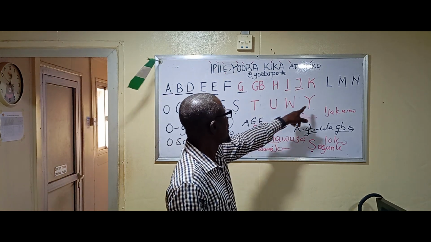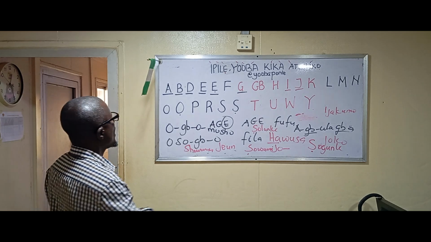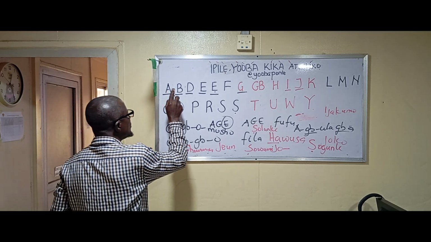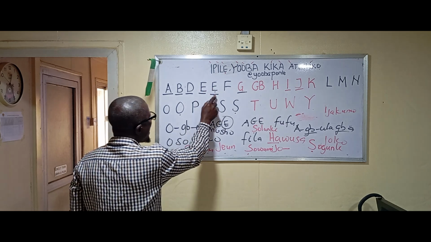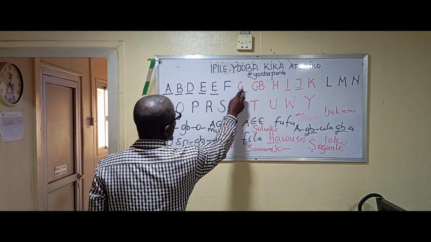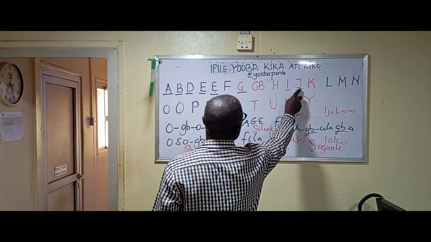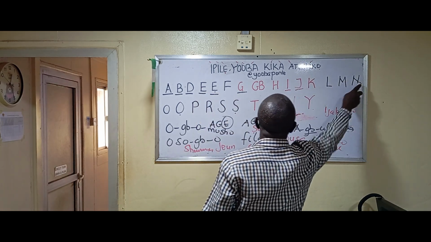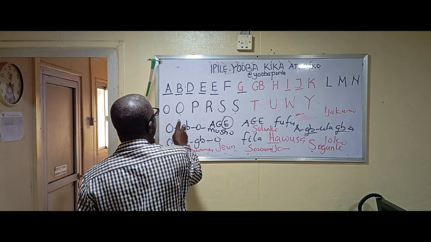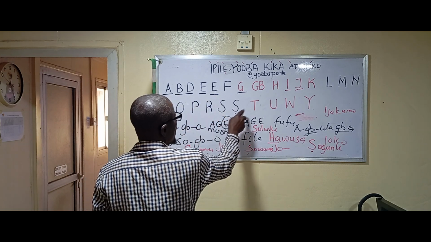Ẹ jẹ́ ká kà lẹ́ẹ̀kan sí o. A, B, D, E, F, G, B, E, G, K, L, M, N, O, P, R, S, Ş, T, U, W, Y. Lẹ́ẹ̀kan sí.